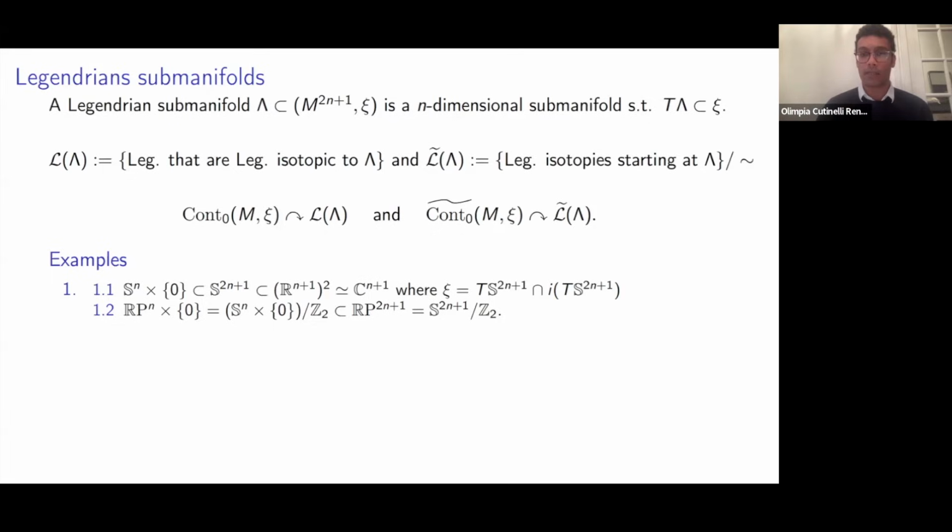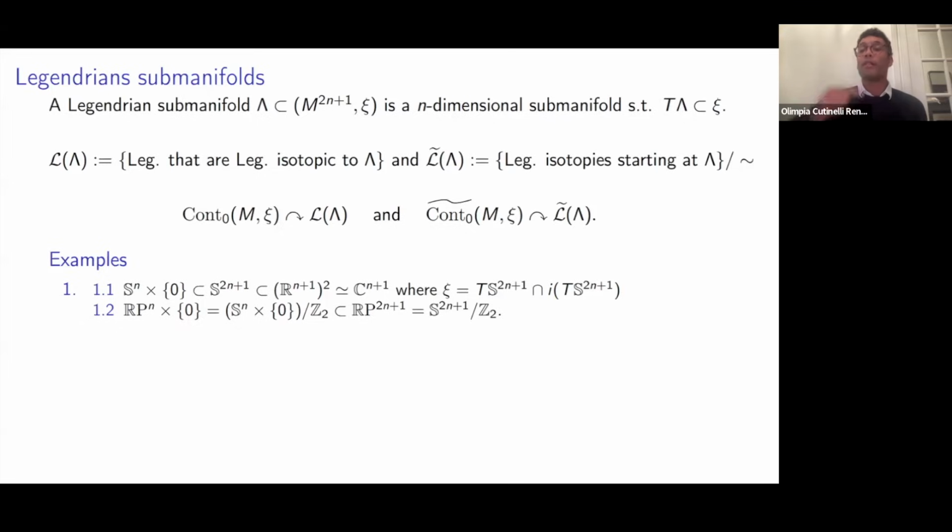And then the contact distribution here is given as the maximal subspace of the tangent space of the sphere which is invariant by multiplication by the number i. So this is the contact manifold. And then a natural Legendrian inside it is you take the small sphere S^n inside S^{2n+1}. This small sphere will be a Legendrian.